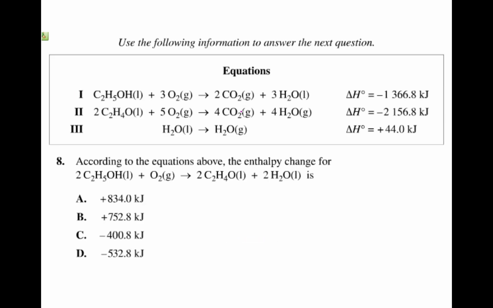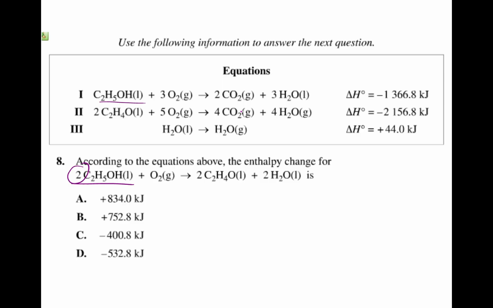So the example I have here, we have a series of reactions, and I want to start by looking at placement. So I noticed we have this C2H5OH as a reactant, and in equation 1, it's also as a reactant. So I'm going to keep that as it is. But then I also want to notice that I have a 2 out front.